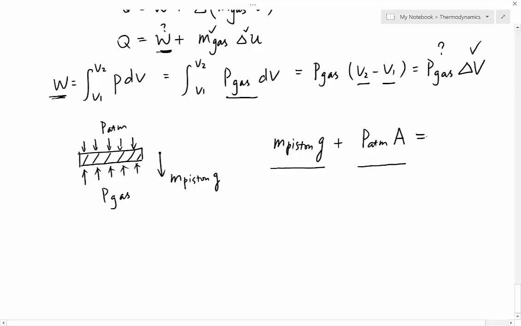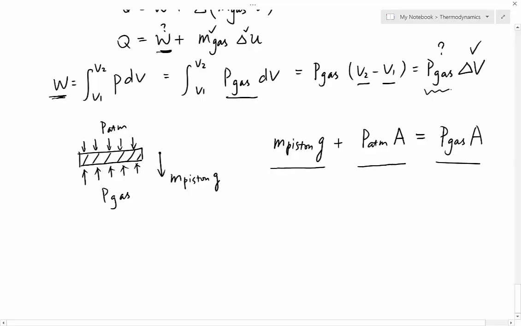And they must be balanced by the force going up. What is the force we have going up? It comes from pressure of the gas. And again, this is not force. How do we convert pressure to force? Pressure multiplied by area, that is force. Okay, so now remember what we're looking for?